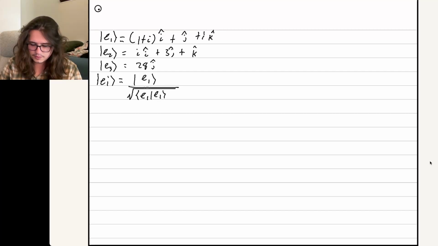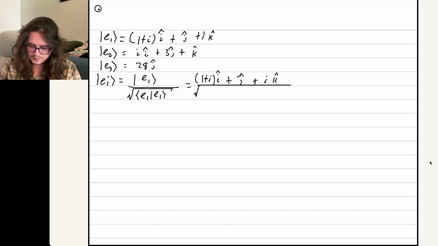So let's write that out in full. It's going to be 1 plus i i-hat plus j plus i k-hat all over the square root of 1 minus i times 1 plus i plus 1 minus i squared for the square.